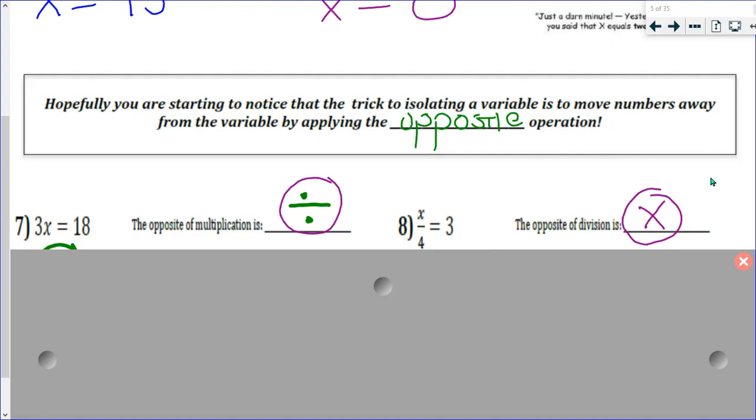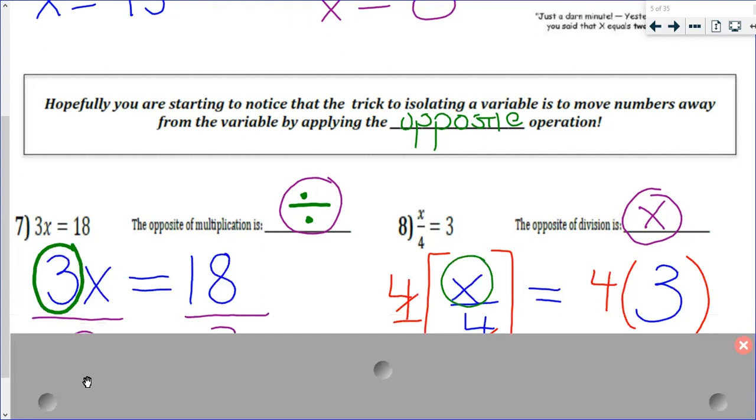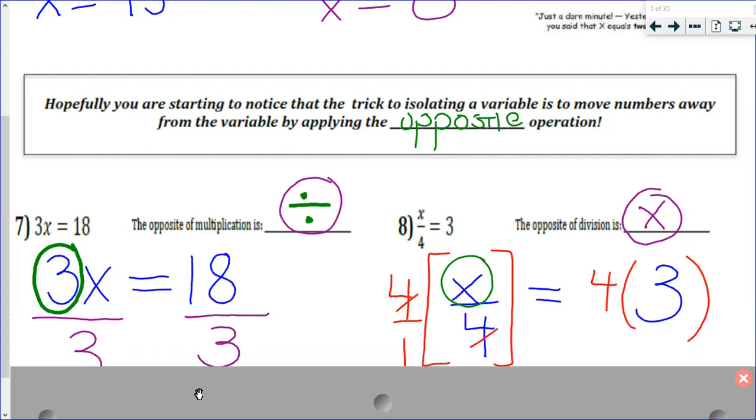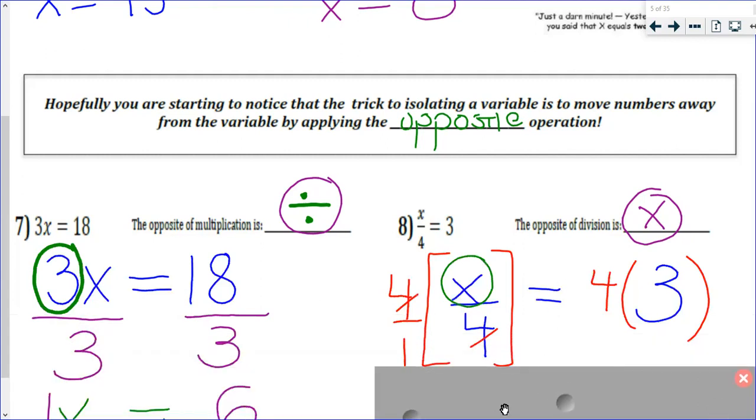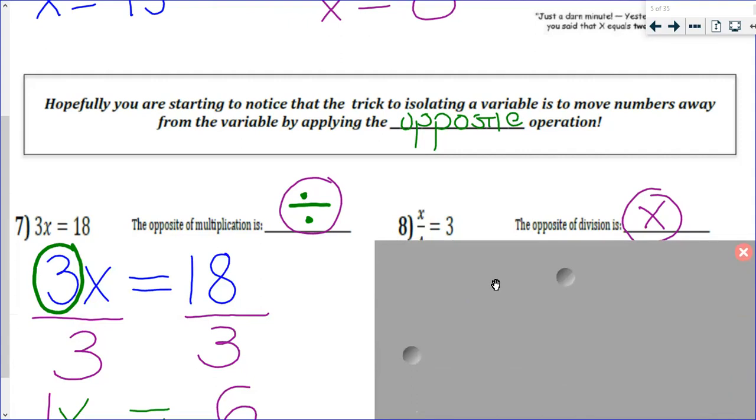So in order to remove 3x, whatever you do to one side, you have to do to the other side. So I'm going to write my question like this. 3x divided by 3 and 18 divided by 3.